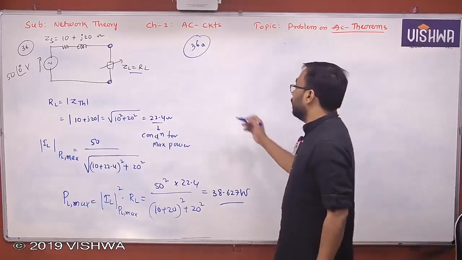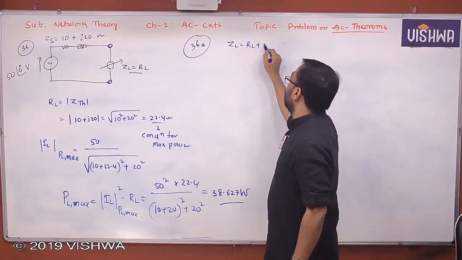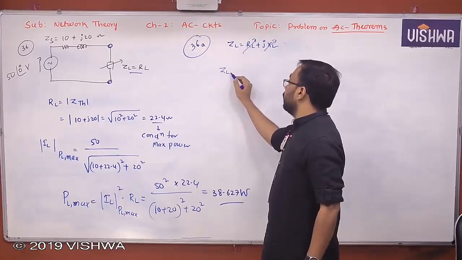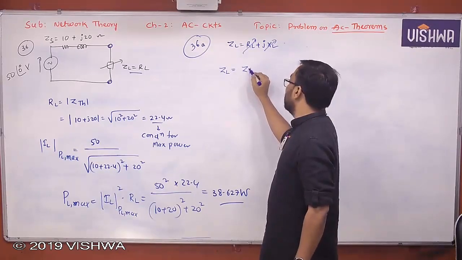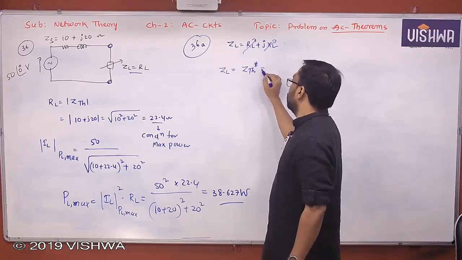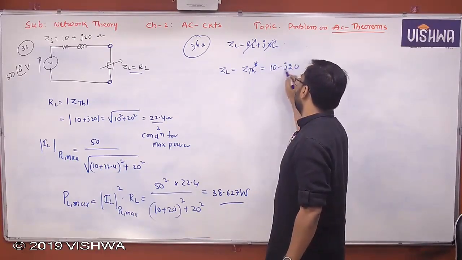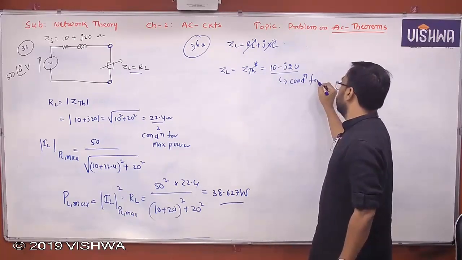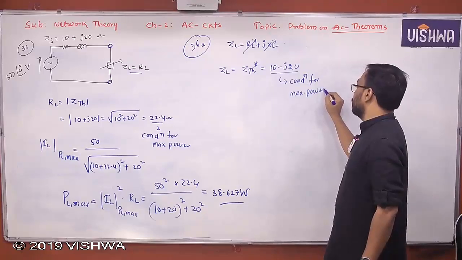When ZL consists of both variable resistance and reactance, what is the condition for maximum power transfer? Case 2 or case 3? Case 2. So ZL becomes ZTH conjugate, yes or no? So the value is 10 minus J20, the condition for maximum power transfer.